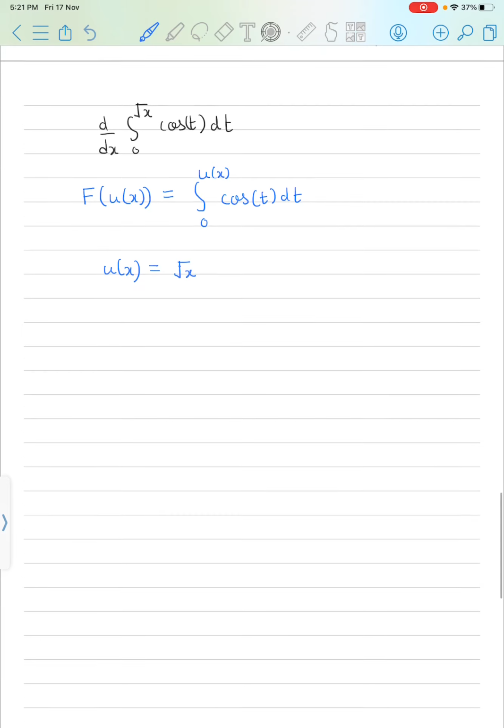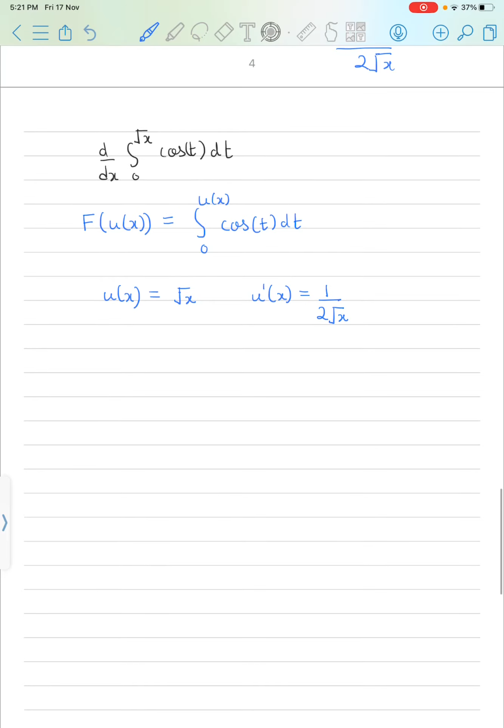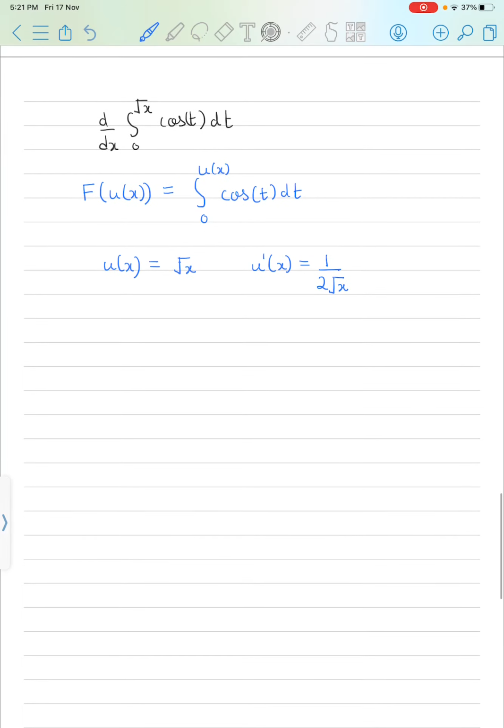So what is u dash x? This is 1 by 2 root x.